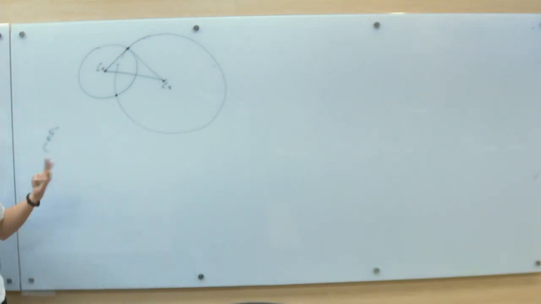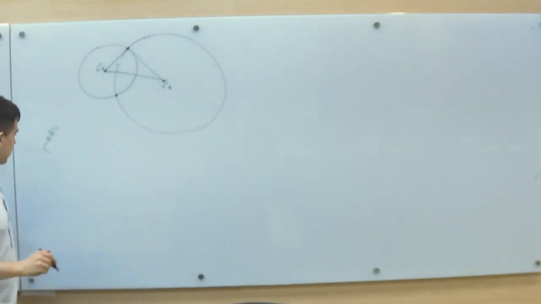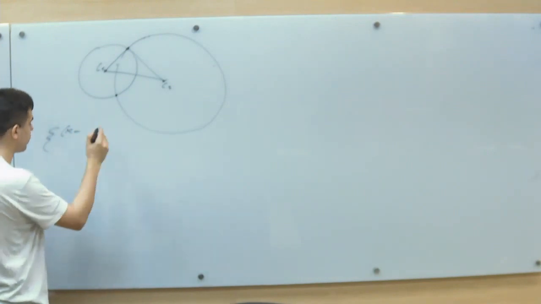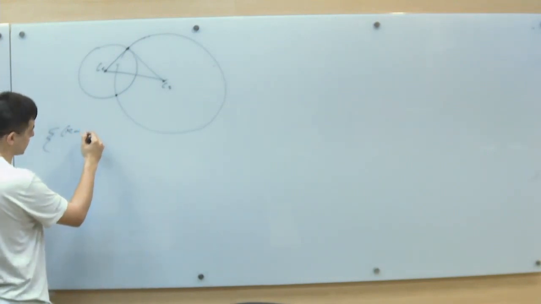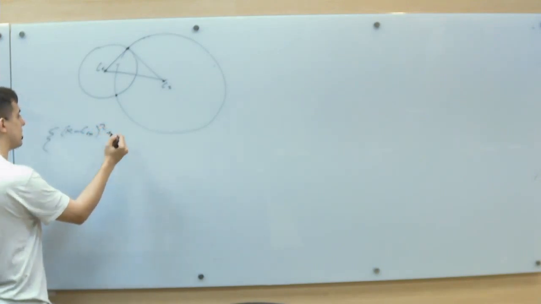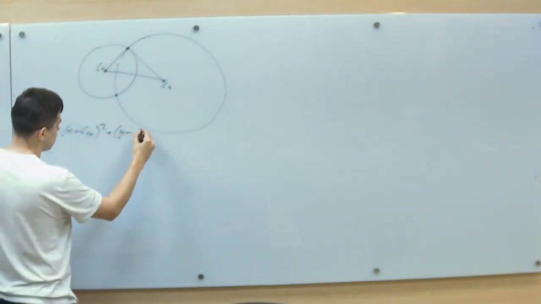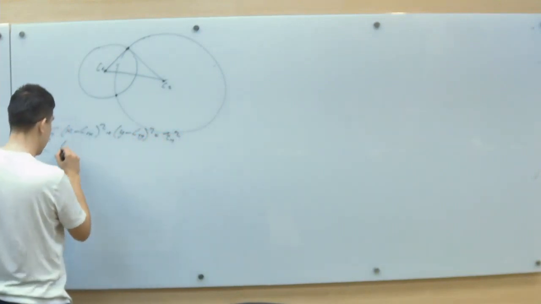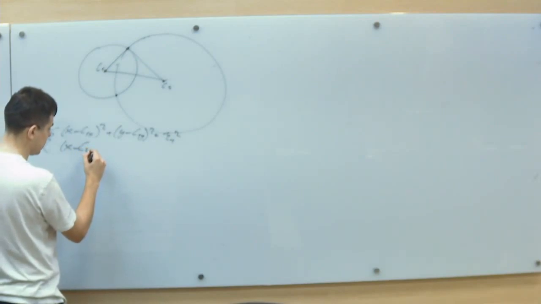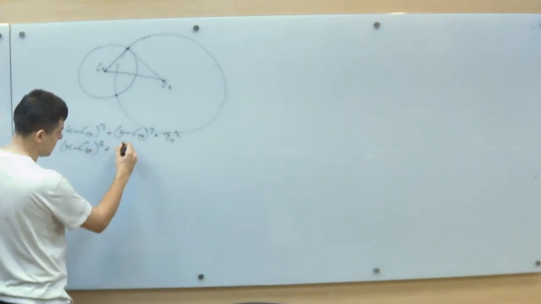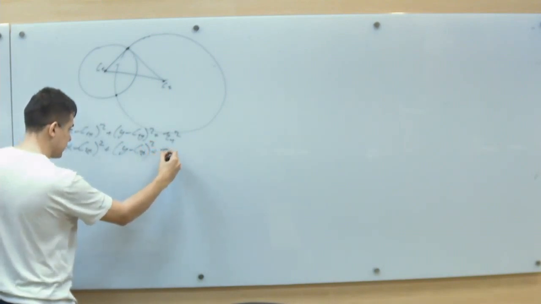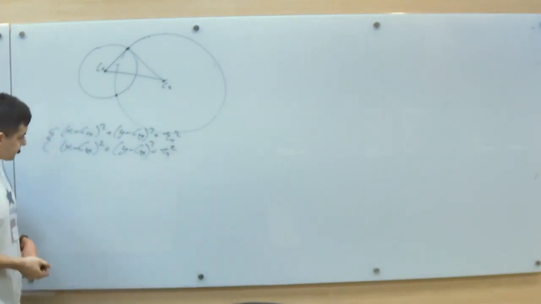We can just solve it with algebra, right? So we have two quadratic equations on x and y. (x minus c1x) squared plus (y minus c1y) squared is r1 squared, and (x minus c2x) squared plus (y minus c2y) squared is r2 squared.